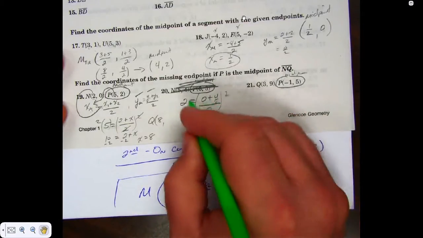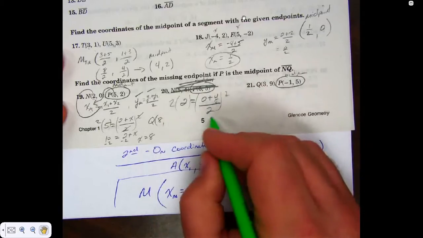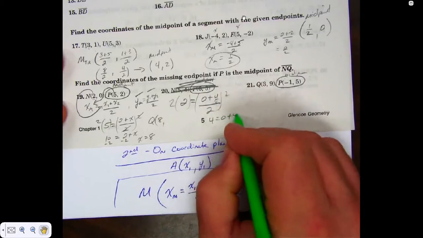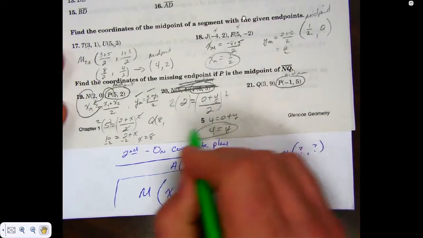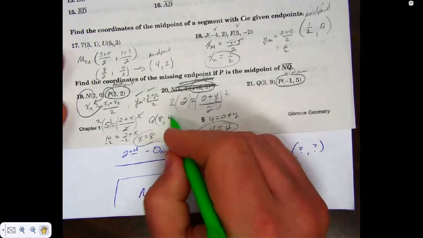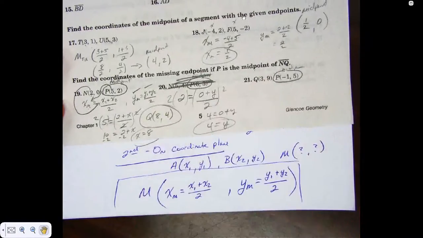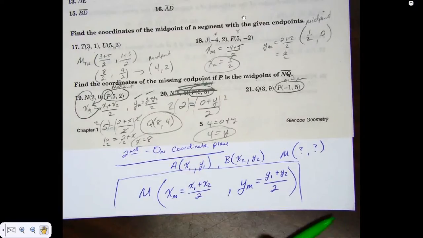Multiply both sides by 2, and you're left with 4 is equal to 0 plus y. Well, what is 0 plus y? So what's y equal to? So here are the coordinates of the other endpoint. Make sure you copy that down. Step by step, yes.